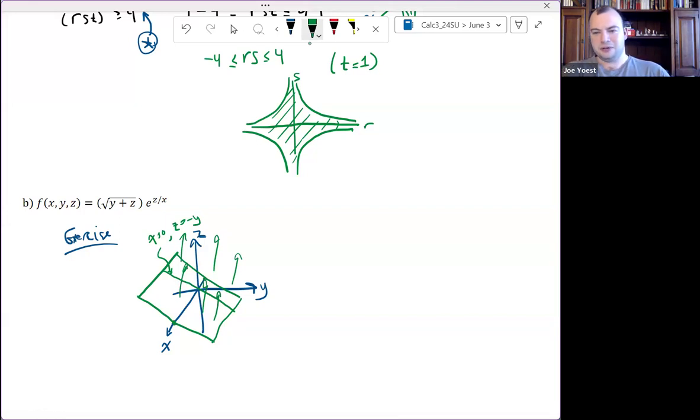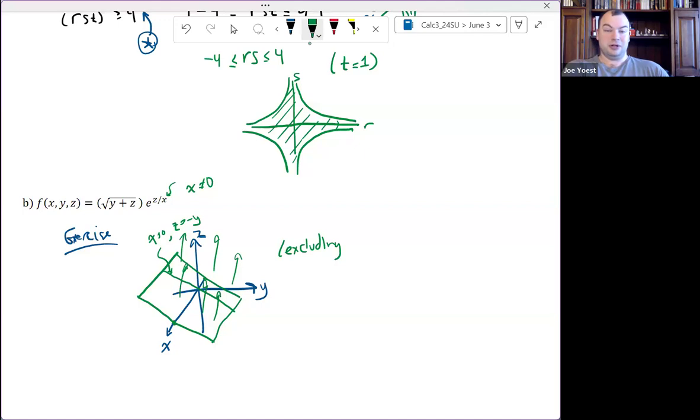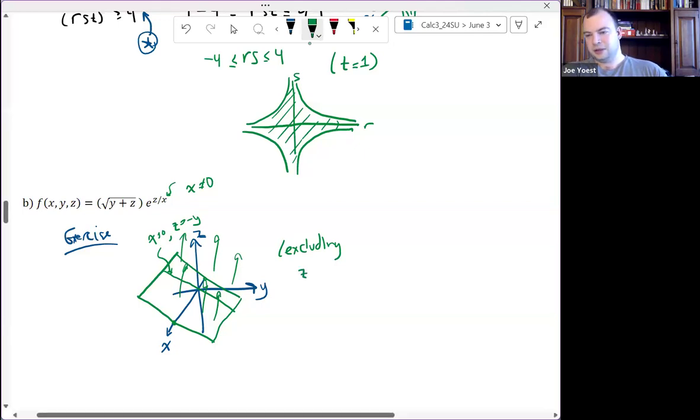But we have to be careful. X cannot be 0. So we have to exclude, and since I'm never going to be able to draw this, I'm just going to write over here, excluding the YZ plane. So x equals 0 is the YZ plane.